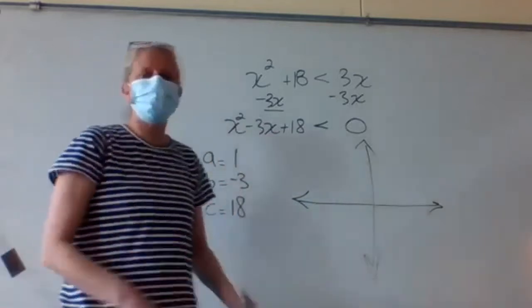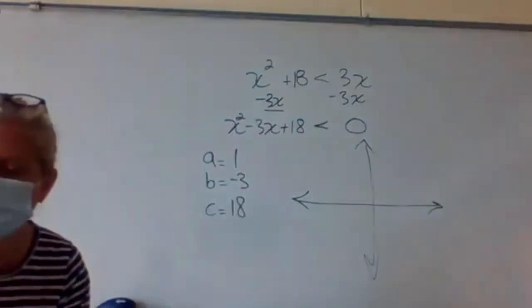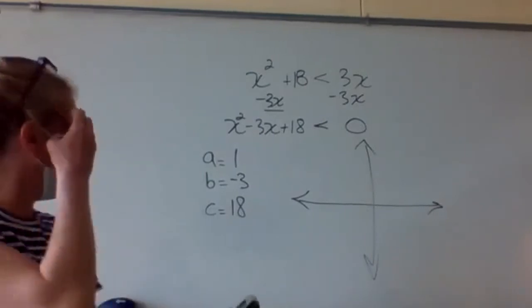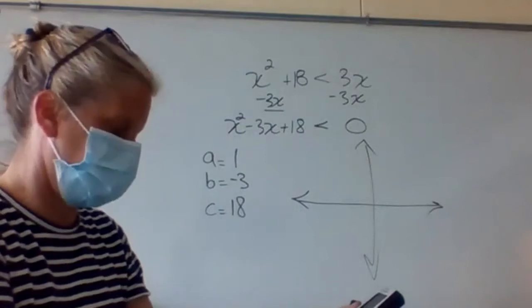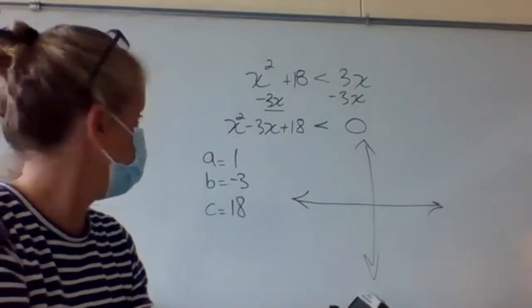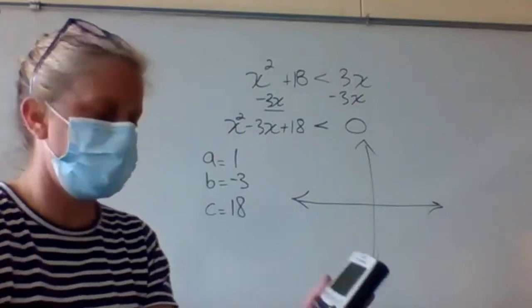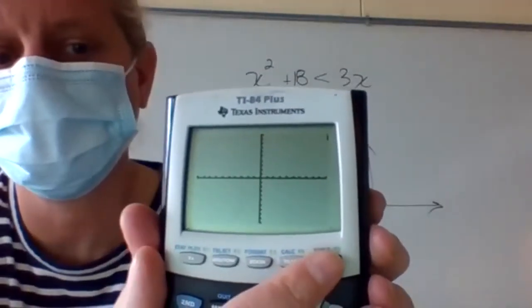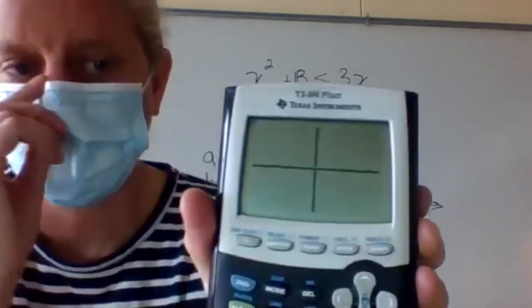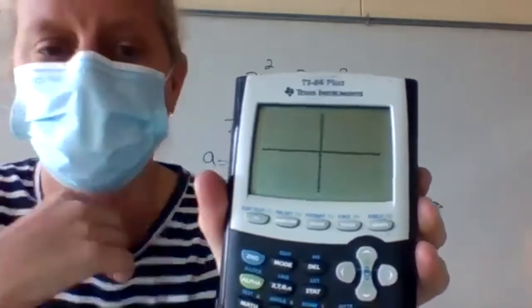Let's just look at it. Let's put that in our Y equals. So Y equals x squared minus 3x plus 18. Oh, it's not even going to be in the standard view.